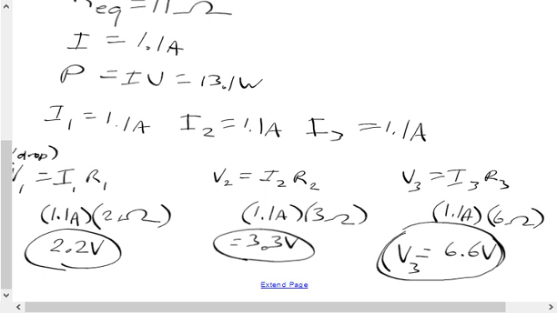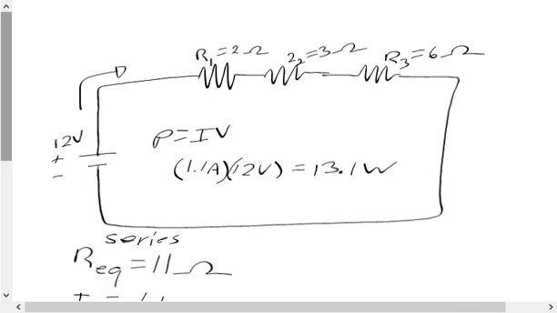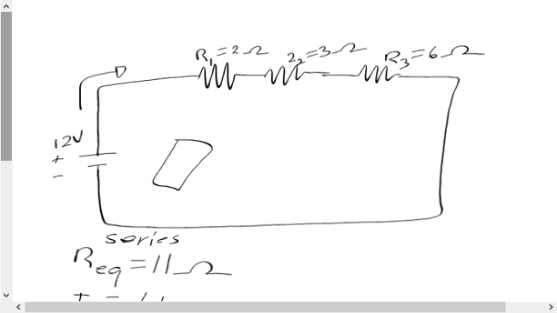Now, let's go back up. We have 12 volts. If I were to get a voltmeter, let me erase this stuff here. So here's my voltmeter with my dial, and I'm going to put the negative end here, and the positive end of the voltmeter here. The reading you would get on the dial, or digital scale, is going to be 12 volts.